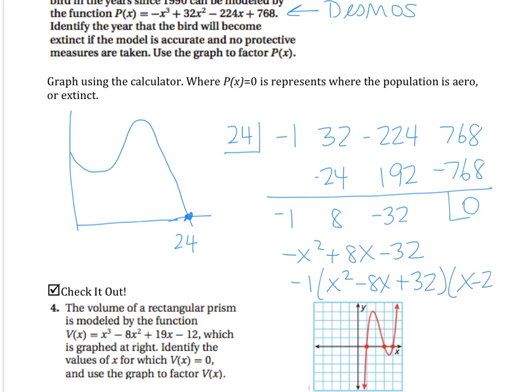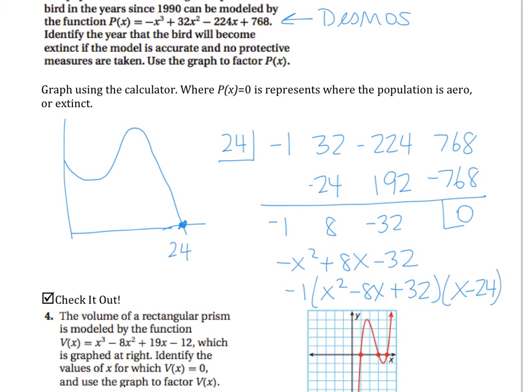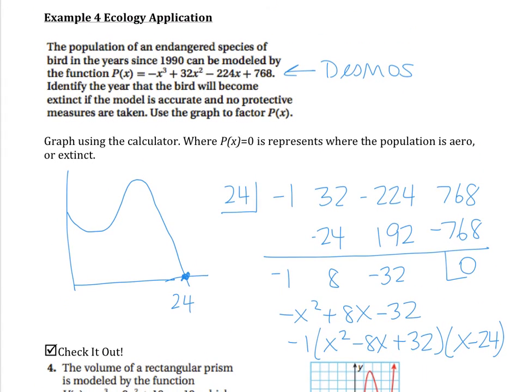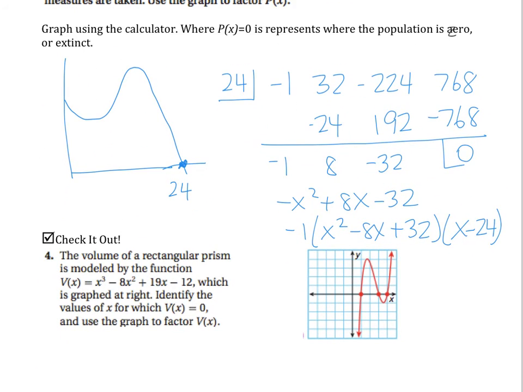You would have to use the quadratic formula to find, but we only want to know, and this should be a z. So we could come up with, by using the quadratic formula, two other values.